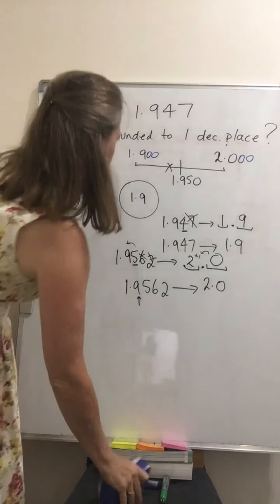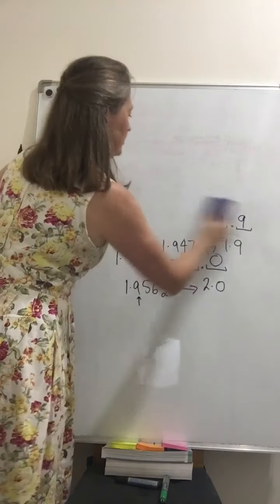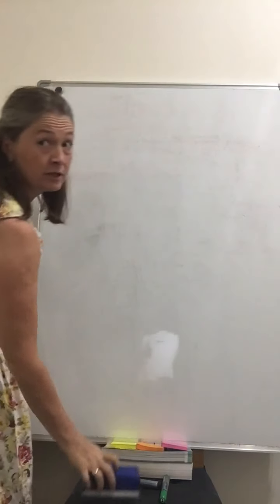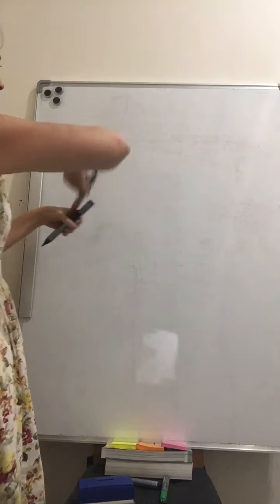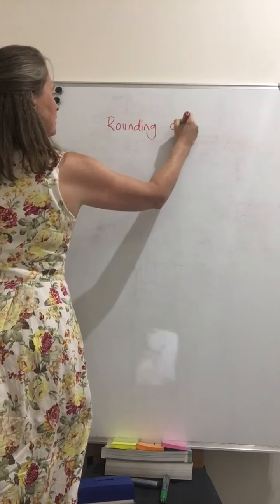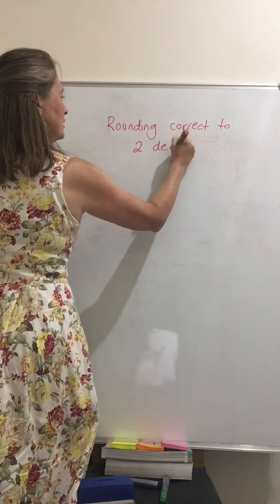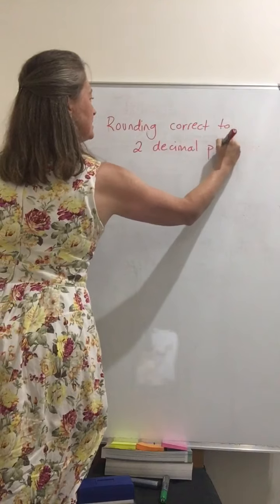All right, just a couple more questions. We're going to have a look again at rounding to 2 decimal places. So we're rounding correct to 2 decimal places.